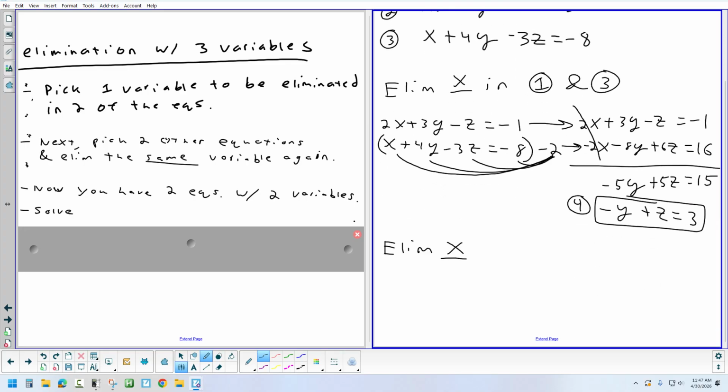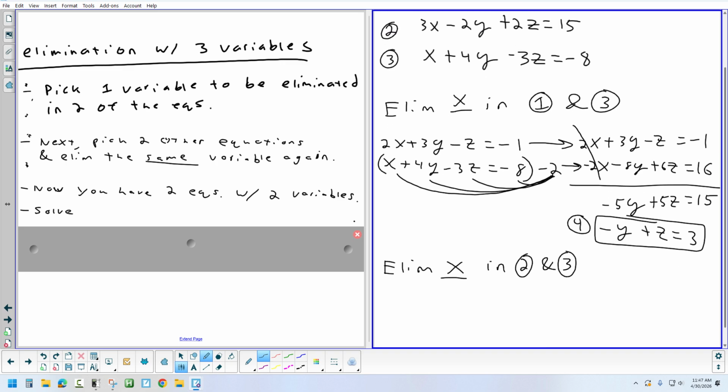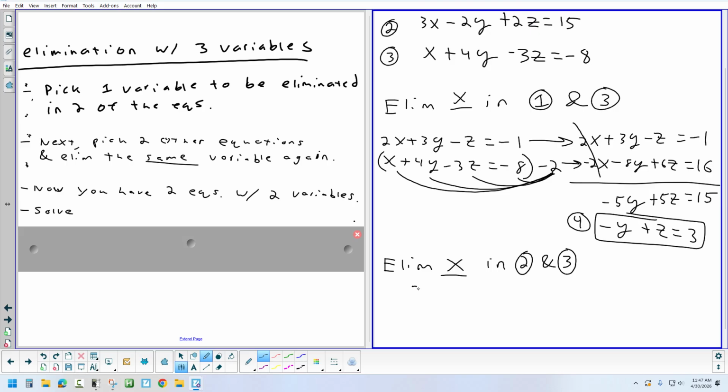So let's do 2 and 3. Okay, so first part, it's going to take me a minute to copy all that down, mainly because I have to keep scrolling, so I can't see it. 3x minus 2y plus 2z. That's equation 2. And equation 3, x plus 4y minus 3z equals negative 8.